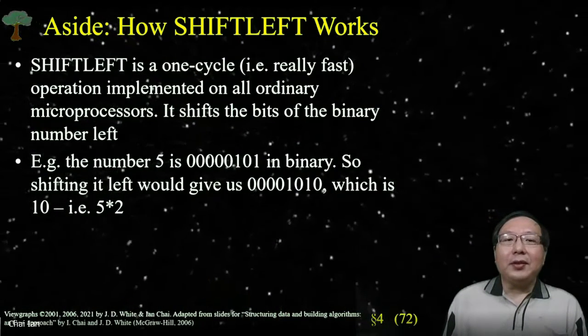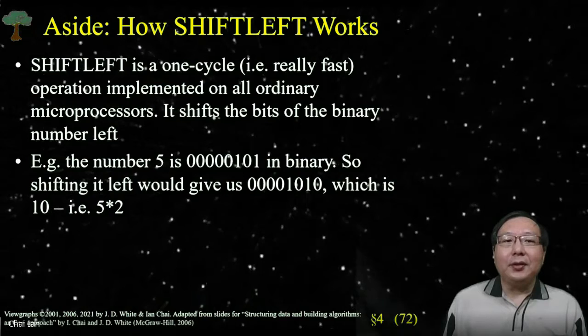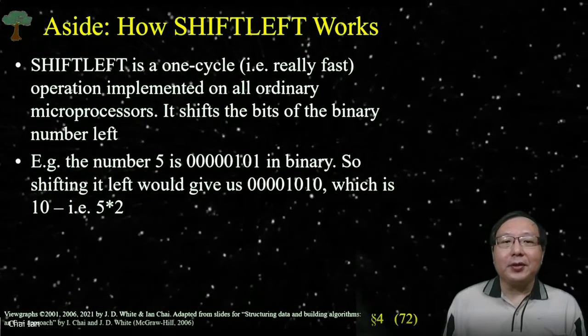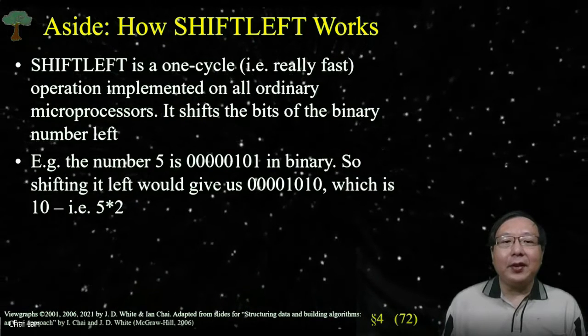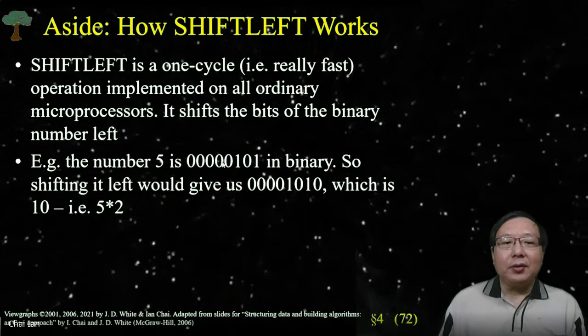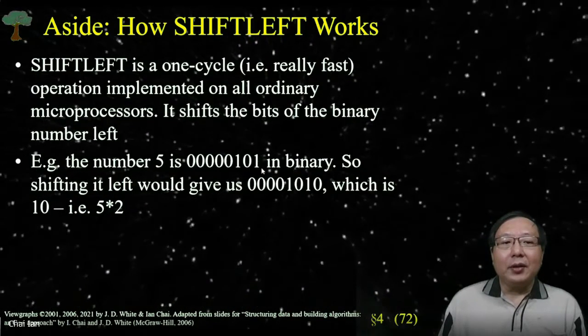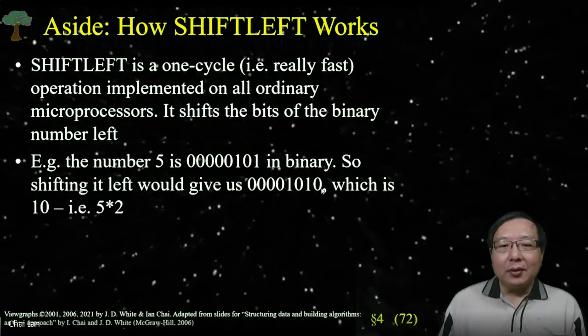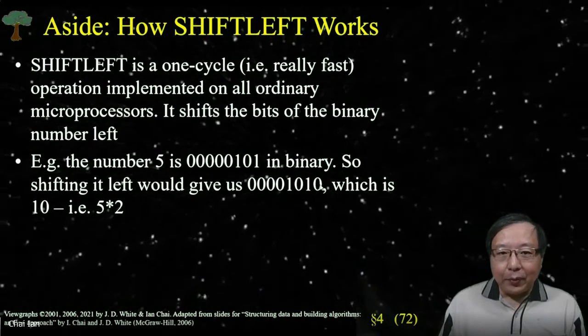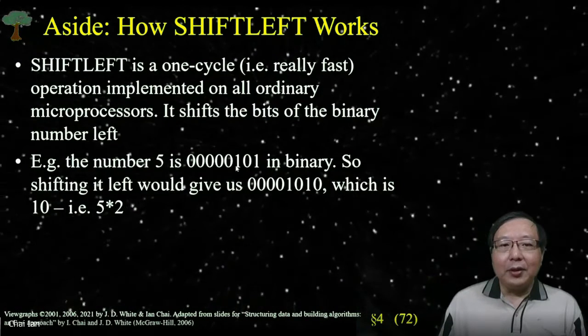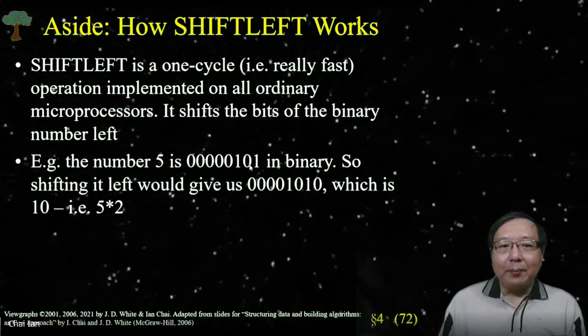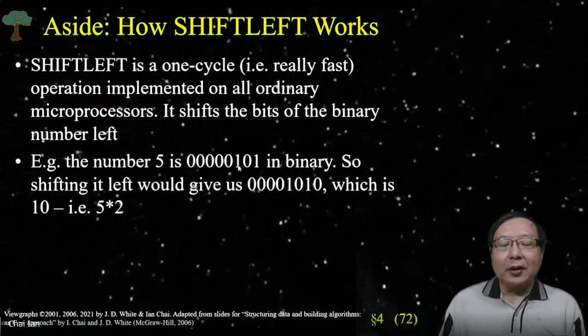So shift left is a one cycle operation implemented on all ordinary microprocessors. It shifts the bits of the binary number left. So for example, 5 is 00000101. Shifting left would give us all these bits shifted left by 1. So there's an extra 0 here. So it's 10. See, because this is 1 plus 0 plus 4.